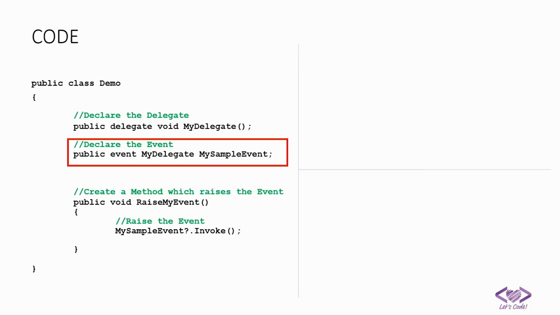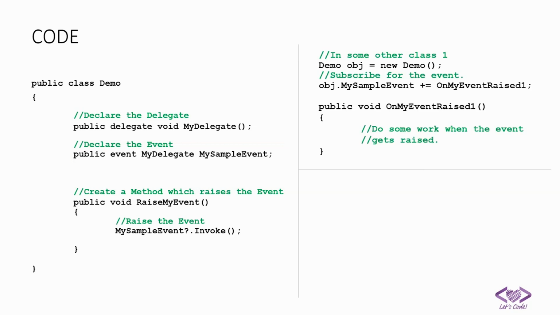In the same class, we have a method which will be called from outside, and in that method we are just invoking this particular event. Let's see how that works. Suppose there is another class, for example this one on the right side, where we say Class1. Here we are creating an object of the Demo class.